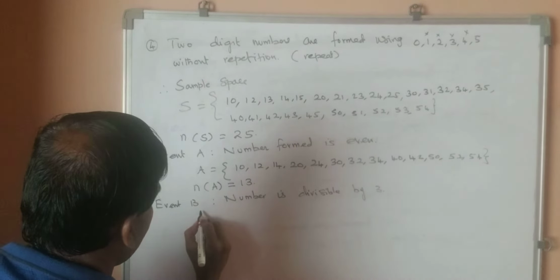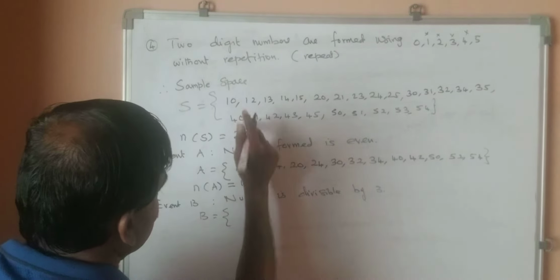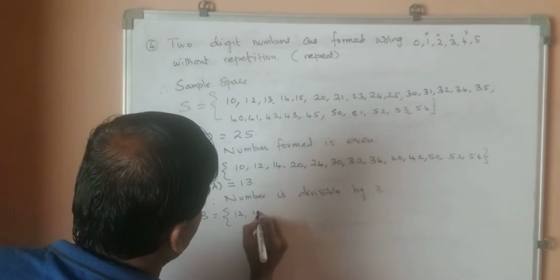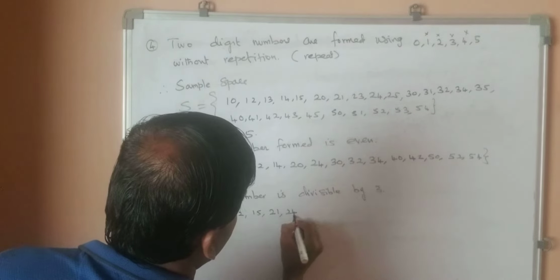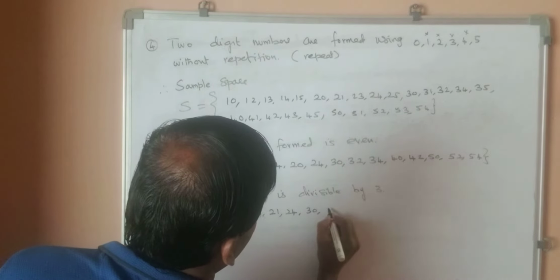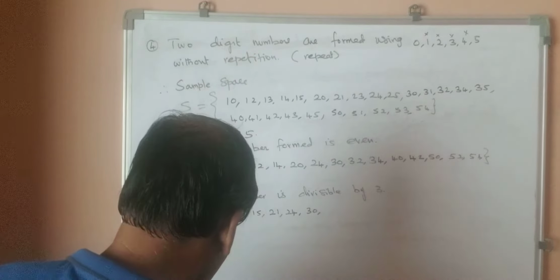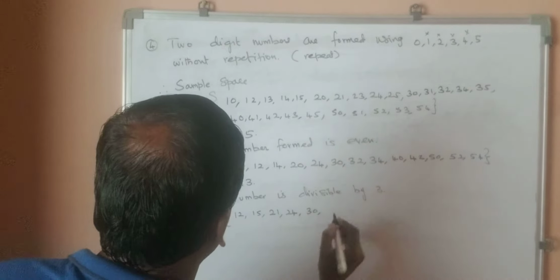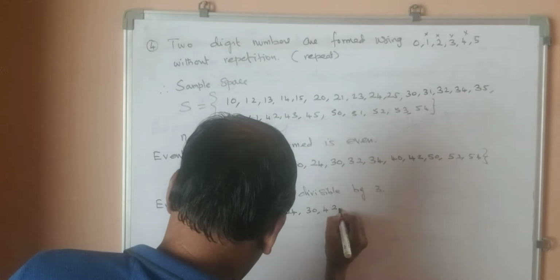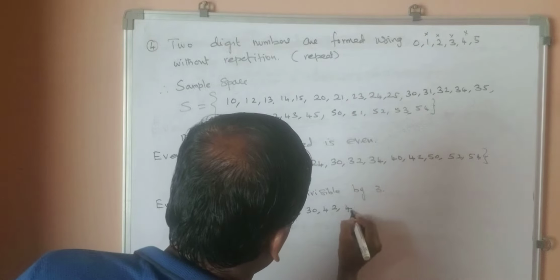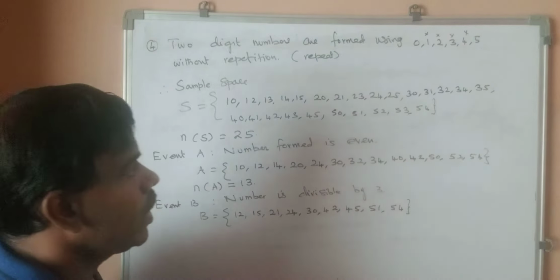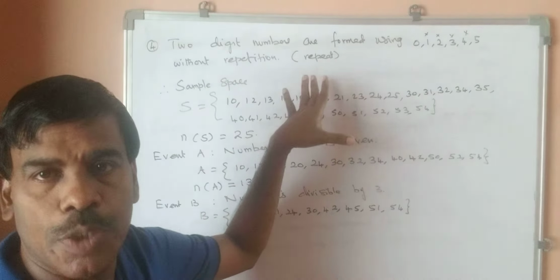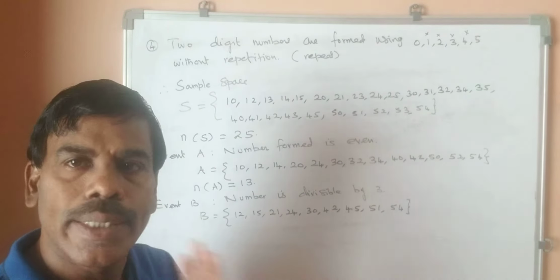So, B equal to 12, 15, then 21, 24, 30, then 42, 45, 51, 54. These are the only numbers in the sample space which are divisible by 3.